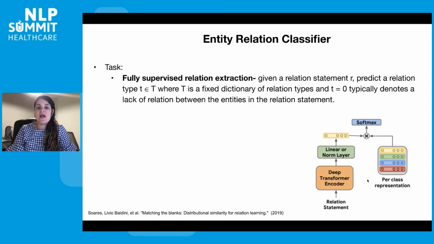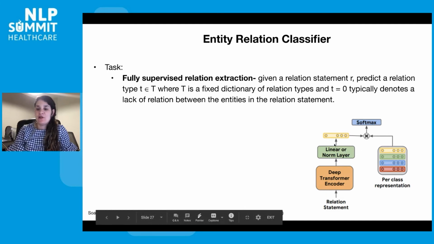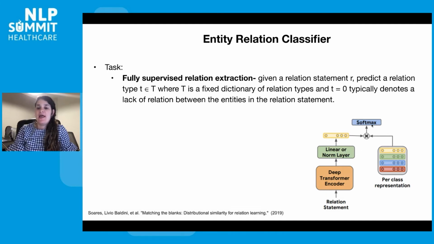The main idea here is to use a deep learning classifier to classify if two entities are related or not. So we have a deep learning model with a softmax layer with the label of 0 if the two entities are not related, and with the label of 1 if the entities are related.